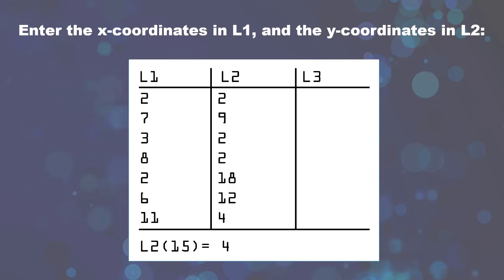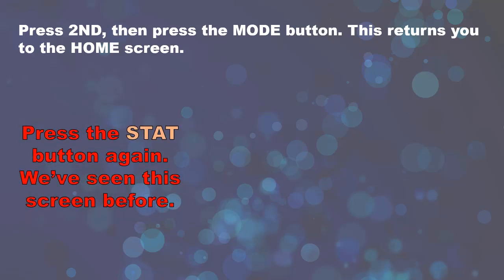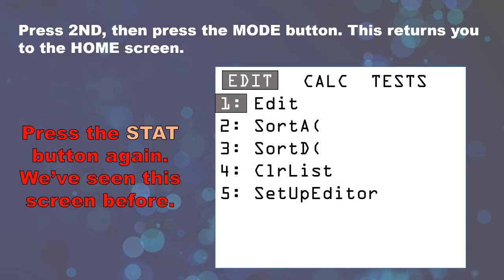Once you have your data values entered, then you're ready to compute the correlation coefficient. So you press second and then the mode button, and that takes you back to your home screen. Then you press the stat button, and it takes you to our stat menu. We're going to use our arrow keys to move that top highlighted tab from Edit over to Calc.